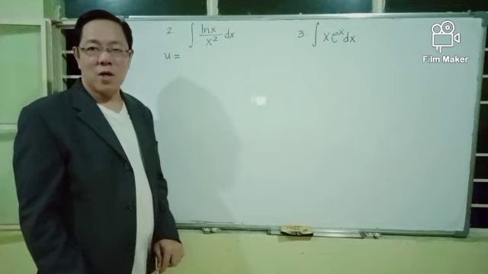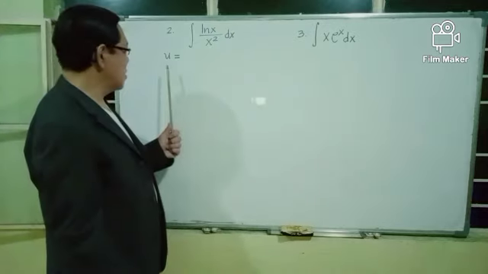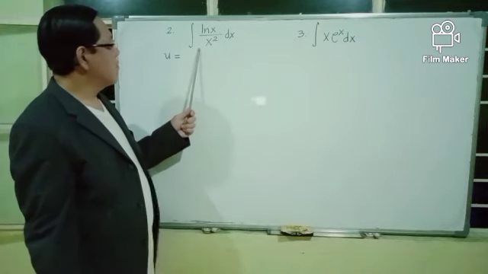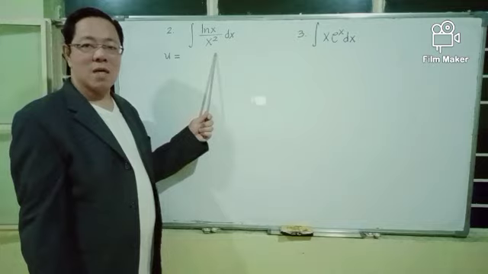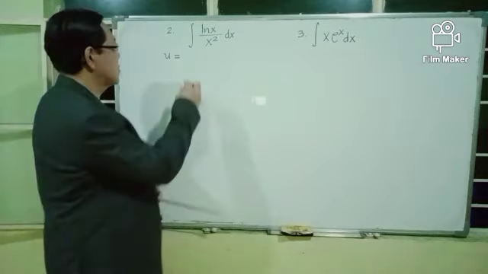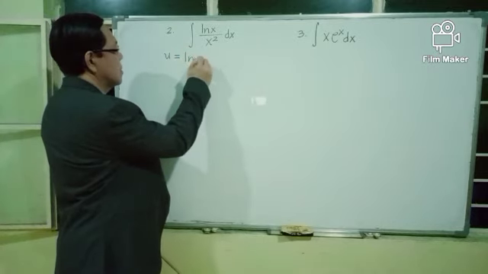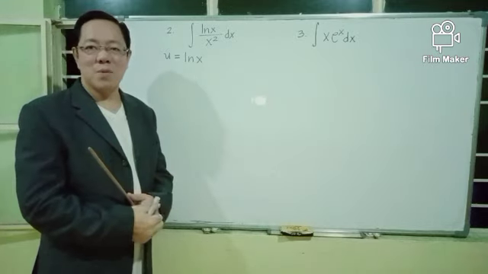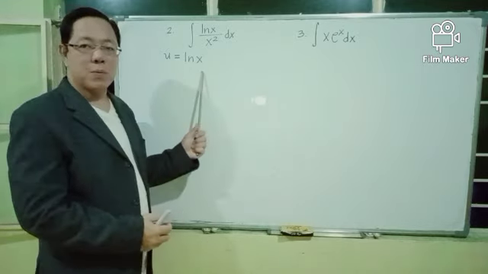If your choice doesn't work, then you must change your u or dv. For this given integral, I will take ln x as u. If this doesn't work, then we have to change our choice for u.